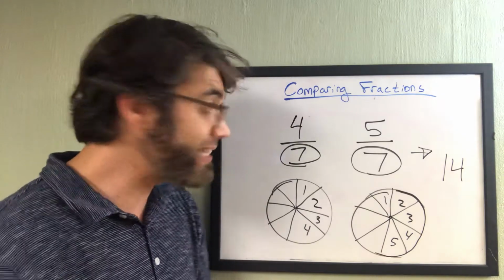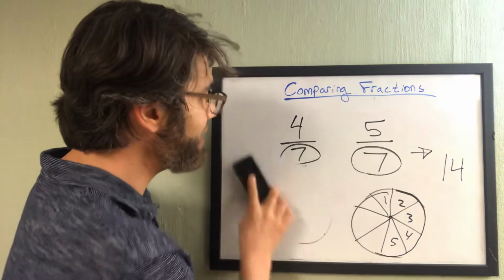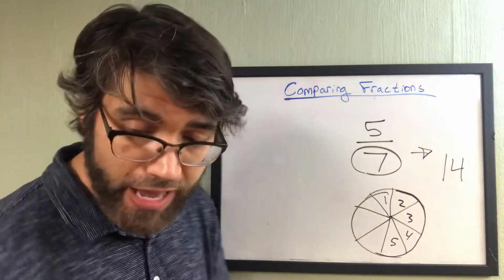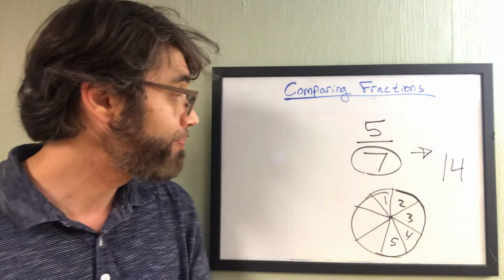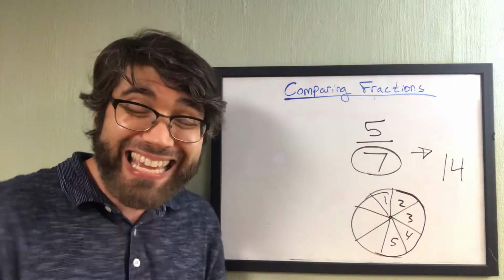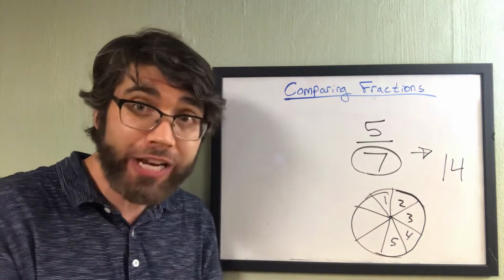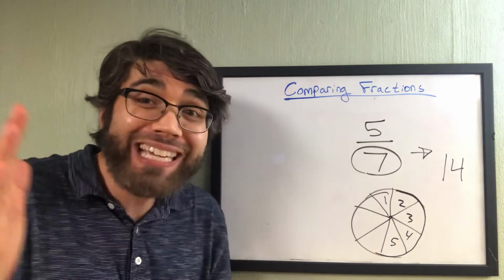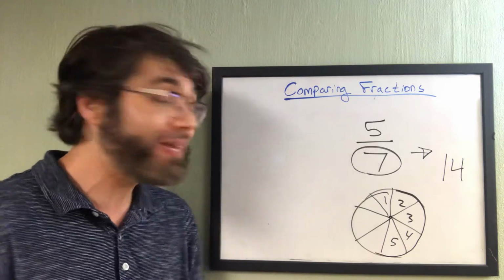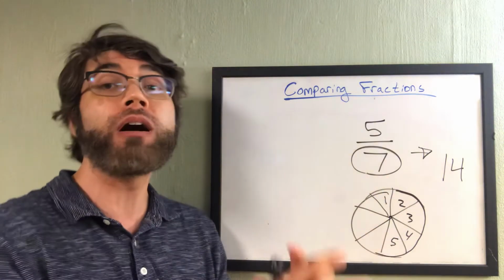So if we had the same pizza, and we're going to treat everyone equally here, and we got 7 more people, that means that each person at the party is only going to be able to get half as much as they would otherwise. Because now we're sharing the pizza not among 7 people, but among 14.